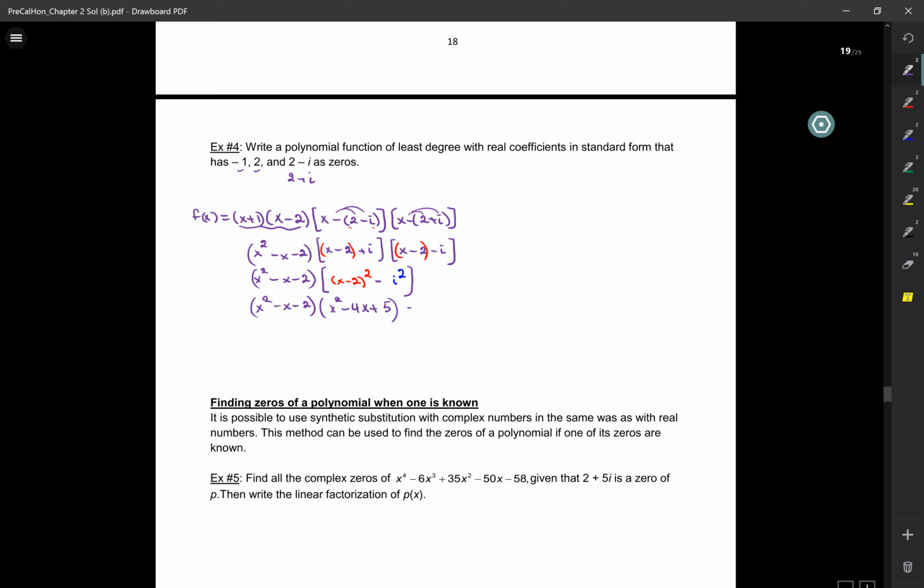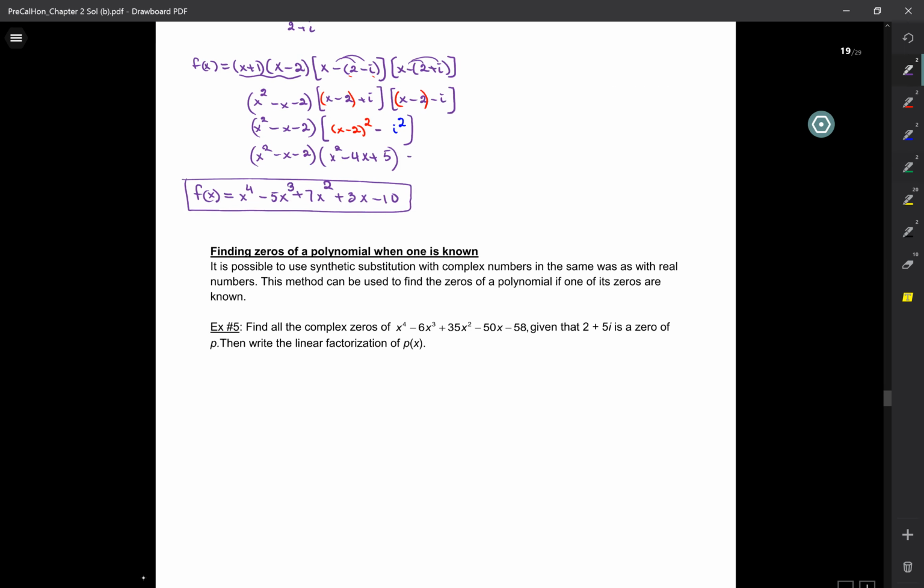And now I distribute and I multiply and I simplify. And finally, my f of x will be x to the 4 minus 5x cubed plus 7x squared plus 3x minus 10. And there we have it.